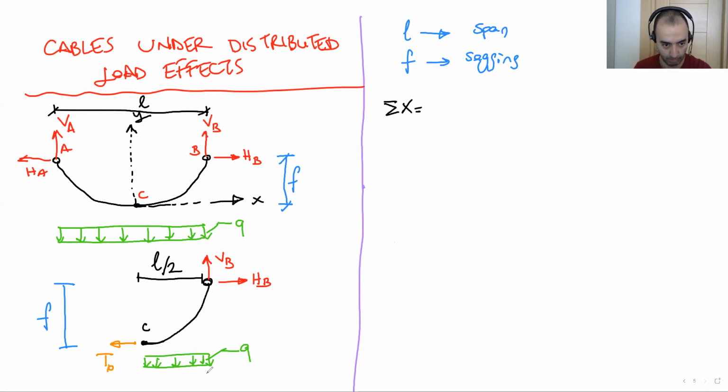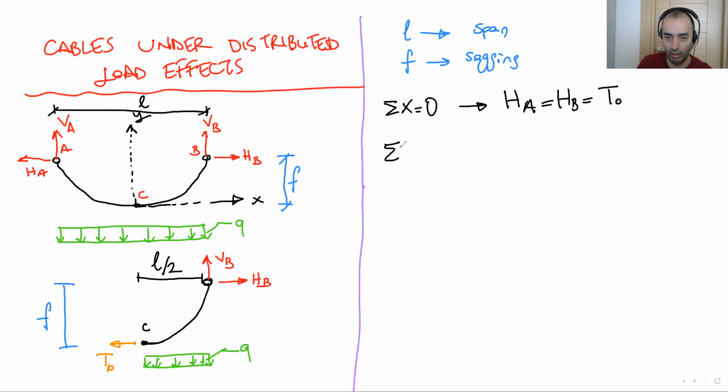Total x in this system: we have HB in the horizontal direction, and T0, in opposite directions. That means HB equals T0. For the symmetrical side, HA is the same: HA equals HB equals T0.